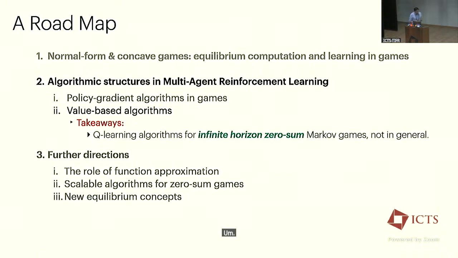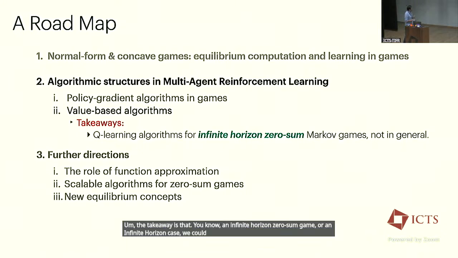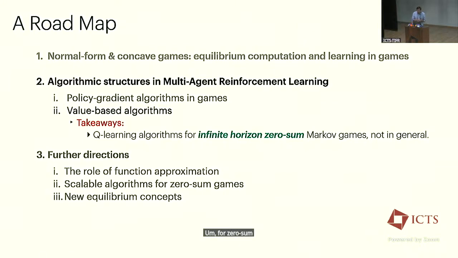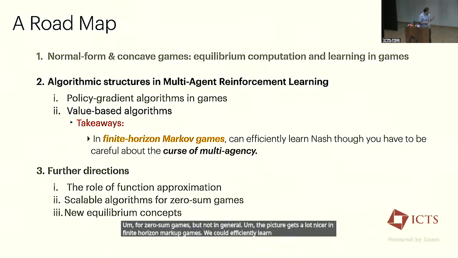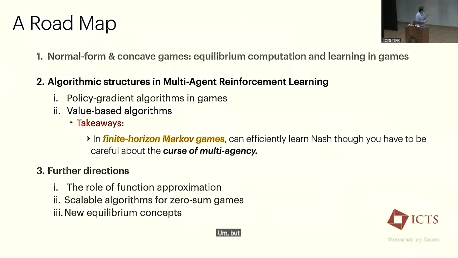The takeaway is that in the infinite horizon case, we could develop Q-learning algorithms for zero-sum games, but not in general, right? The picture gets a lot nicer in finite horizon Markov games. We could efficiently learn Nash or CCE, but you have to be careful about the curse of multi-agency. Sorry, this should say CCE.